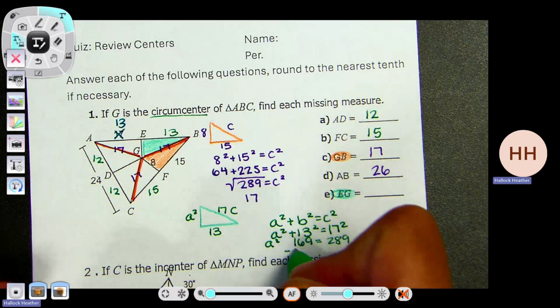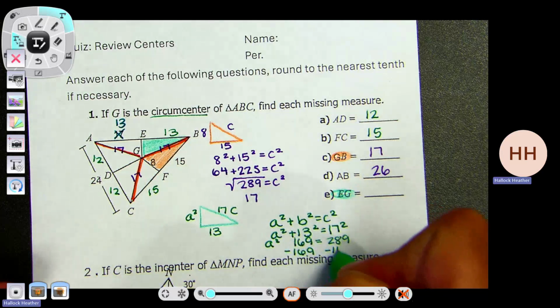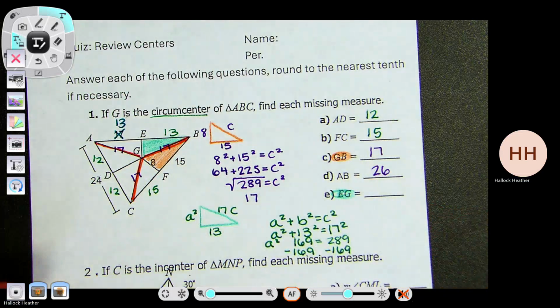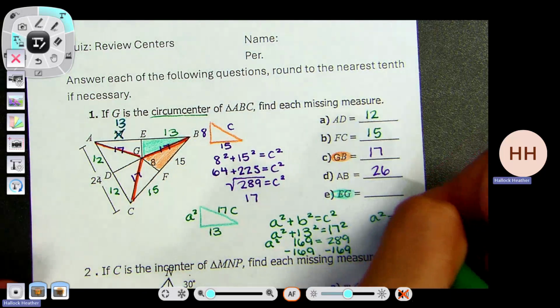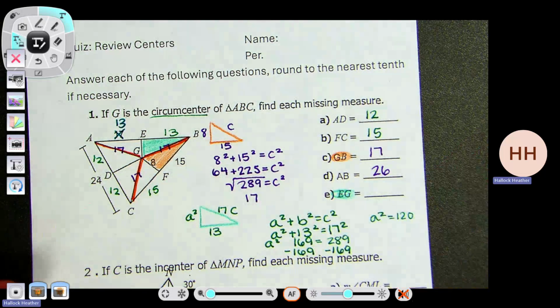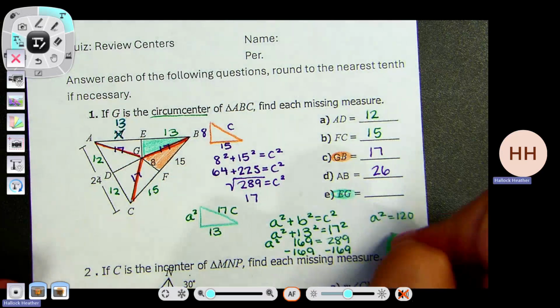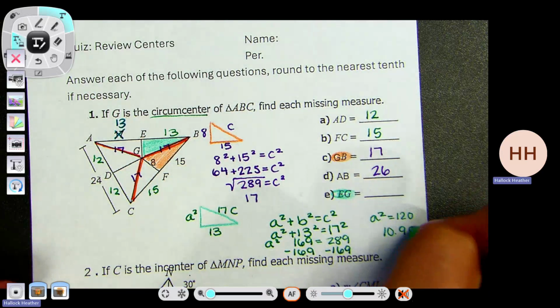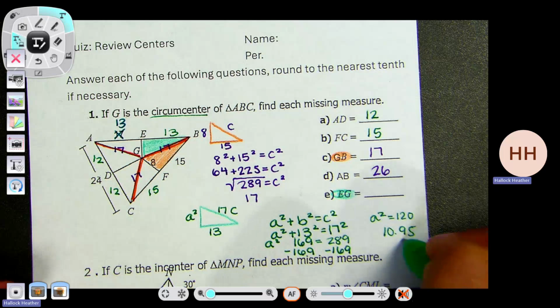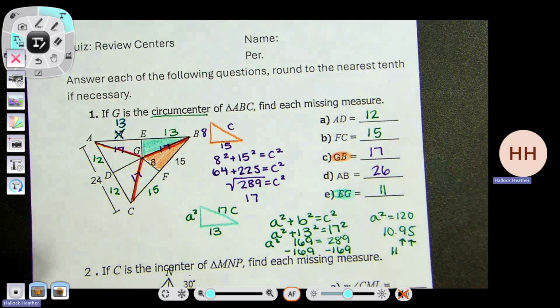I have to subtract 169 from both sides. So A squared equals 120, and then I square root it. I get 10.95, so that's going to round up. So it is 11 as a whole number.